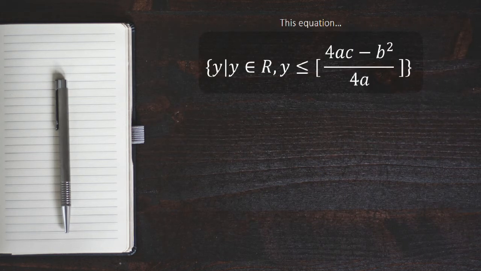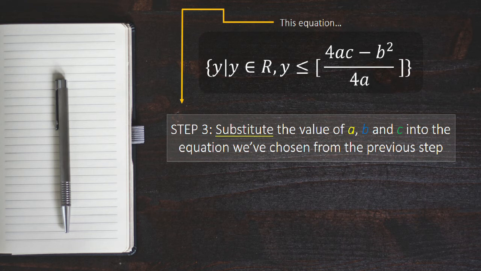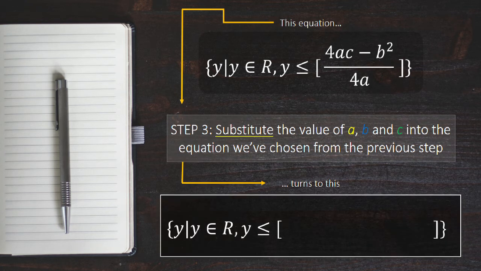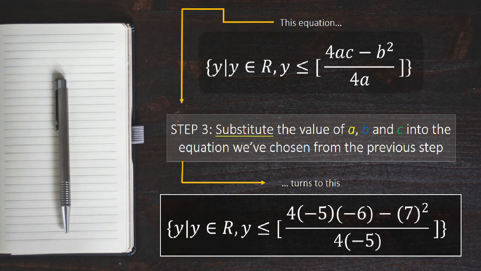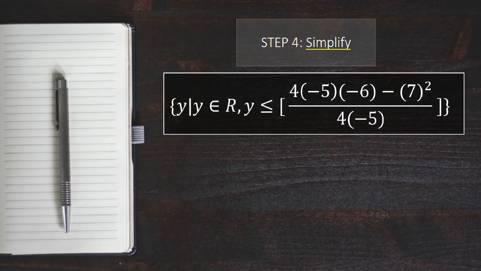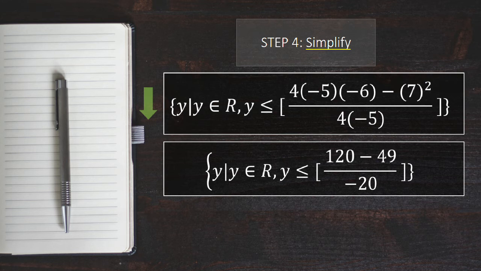Now, all we have to do is substitute the given values into the equation. The equation would be 4 multiplied by negative 5 times negative 6 minus 7 squared over the product of 4 and negative 5. We'll have 120 minus 49 over negative 20.